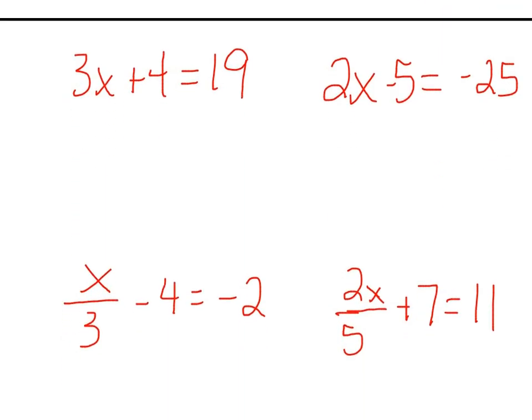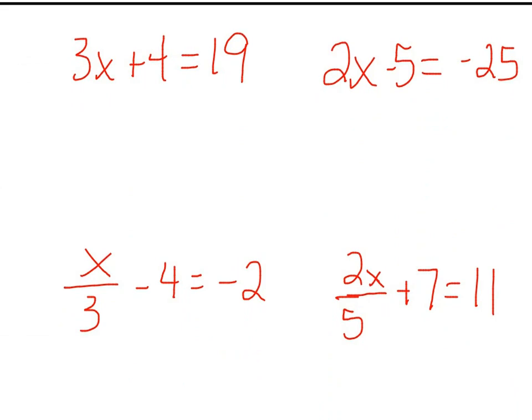Looking at our two-step equations, I have 4 examples here for you. On the first one, we have 3x plus 4 equals 19. Whenever you have an equation where you have multiple things happening to your x, you're going to start by getting rid of whatever is being added or subtracted first. So the first thing I'm going to get rid of is this plus 4. What I'll do to get rid of it is say minus 4. That cancels it out. Put a minus 4 under my 19, and that leaves me with 15.